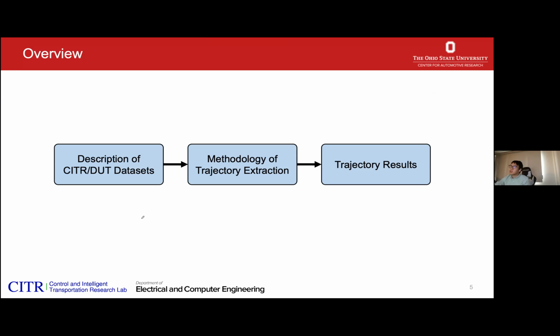So in the following slides, I will go over the dataset by first introducing how the scenarios are created or selected, and second, I will introduce the methodology of extracting the trajectories, and last, I will show the created pedestrian trajectory.